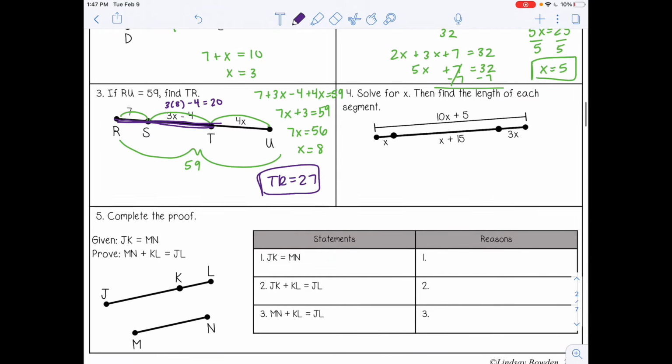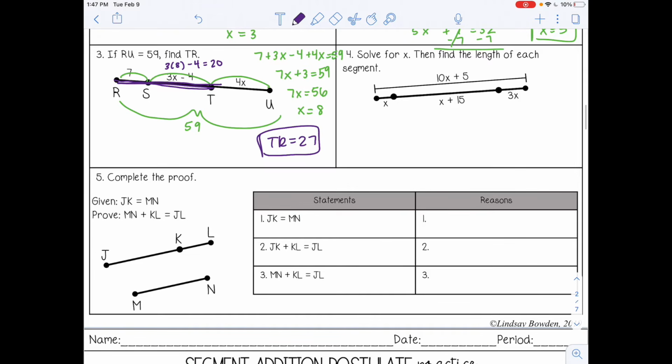All right, and then the last one, solve for x, and then find the length of each segment. We know that the whole length is 10x plus 5, and we know that we have these 3 pieces here. We have like terms on the left, x plus 3x, that's 5x.